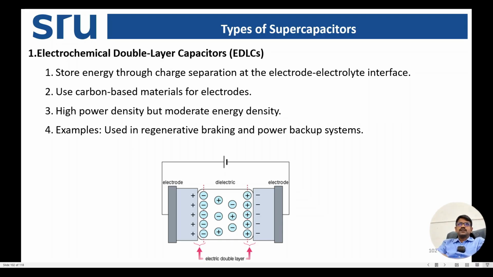Right. Now, types of supercapacitors. How many types of supercapacitors do we have? We have three types.